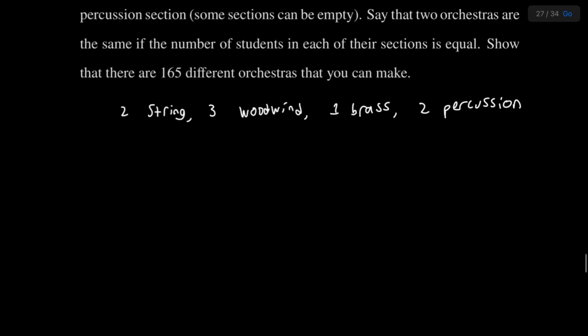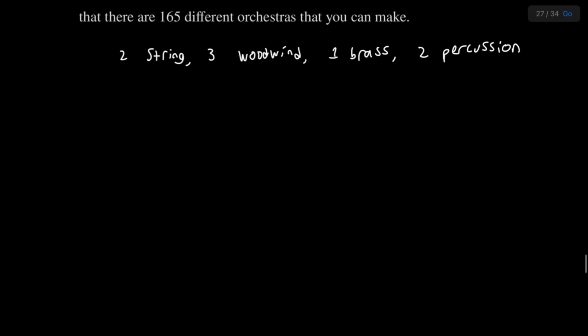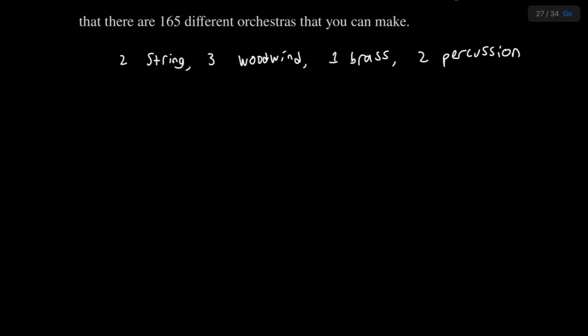So this is the idea. I'm going to think of each person here as being this star. It's going to be a person in our orchestra. Okay. I'm going to think about putting these bars to separate the different sections. Say this section over here will be string. Put another bar here to separate it.